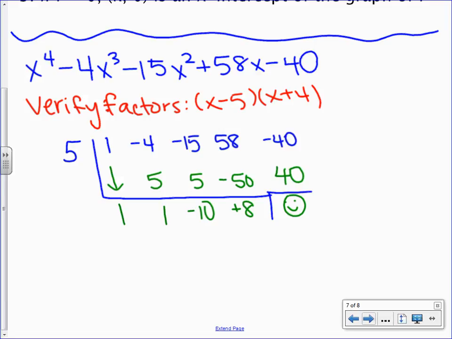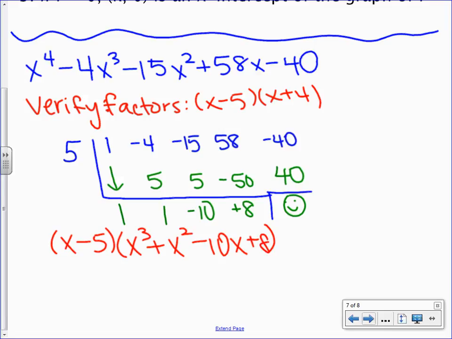So to verify that x plus 4 is a factor, do we have to go back to the original quartic function? No. What can we do? Okay, so right now we know that x minus 5 times x cubed plus x squared minus 10x plus 8 multiplies to get back to our original quartic function.